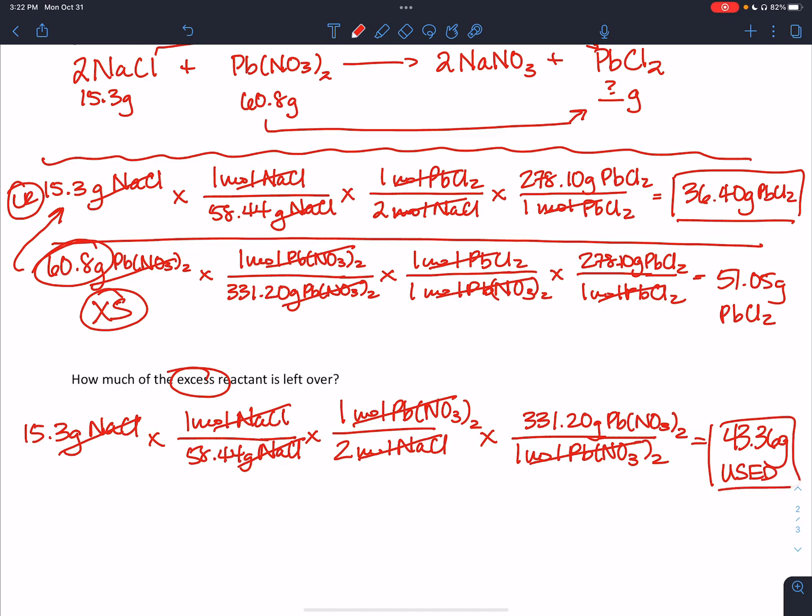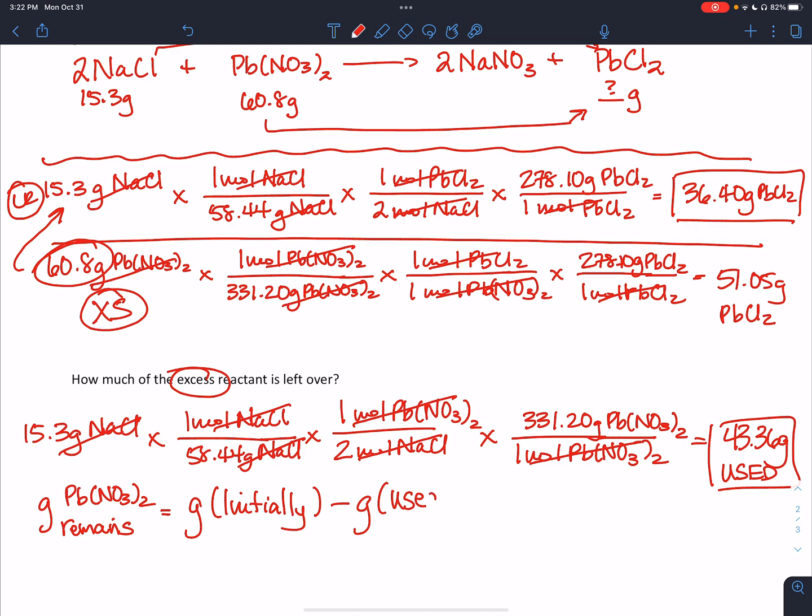So this is what gets used up during this reaction. All right, now to find what remains, the grams of Pb(NO3)2 that remains, I need to know the grams that I had initially and then I'm going to subtract out the grams that I used up.